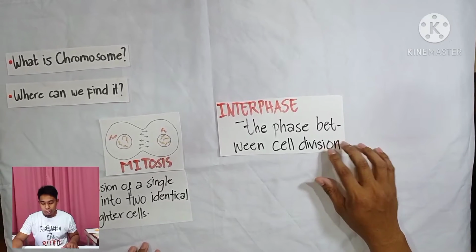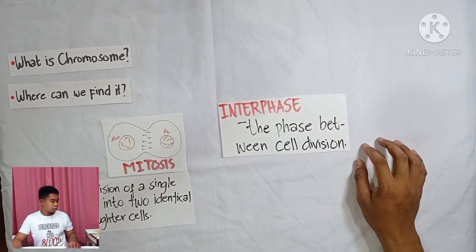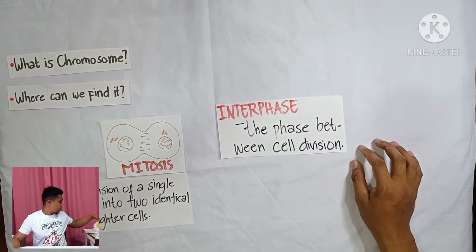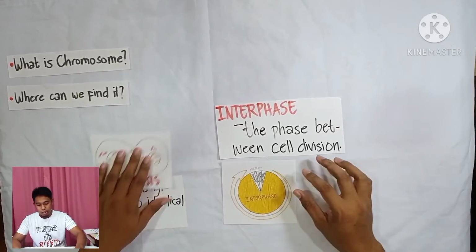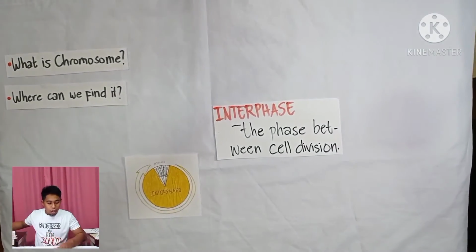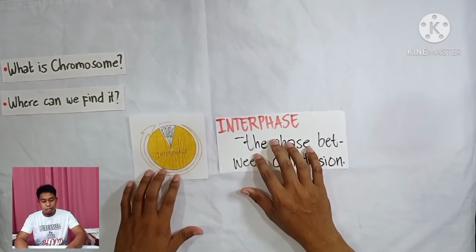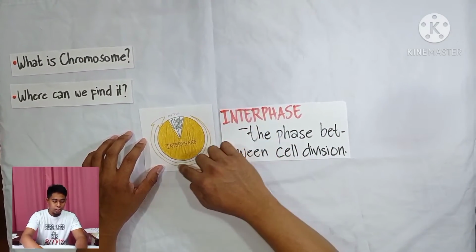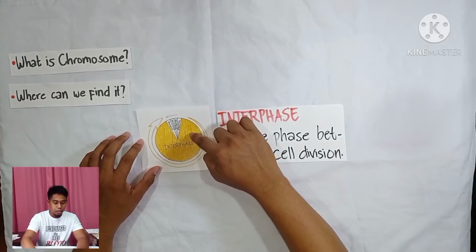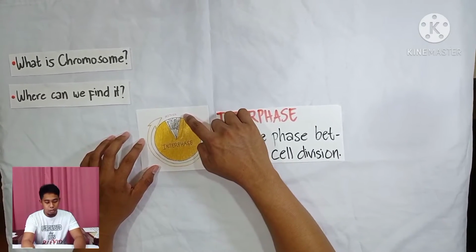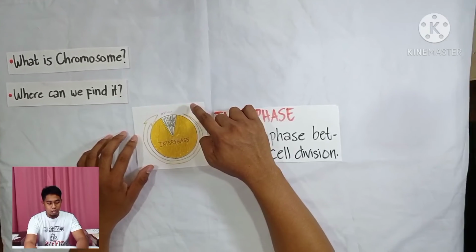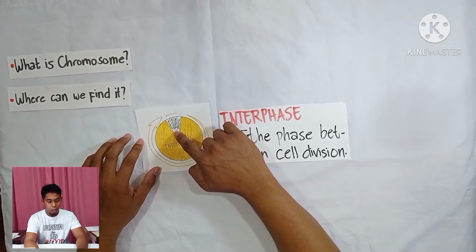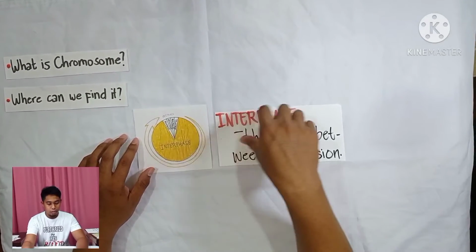The interphase is the phase between cell division. As you can see here, it is the cell life cycle wherein the cell must go first into interphase before going to mitosis. Mitosis is divided into prophase, metaphase, anaphase, and telophase.